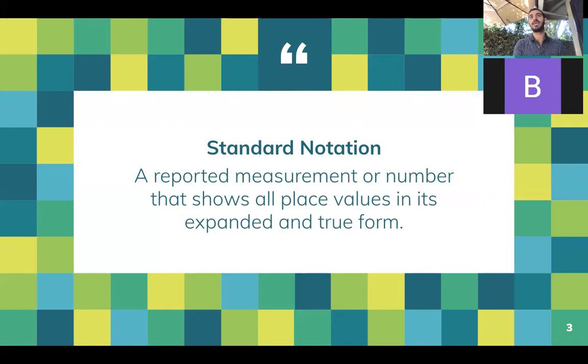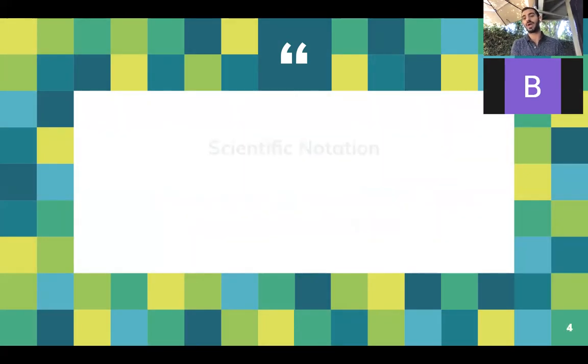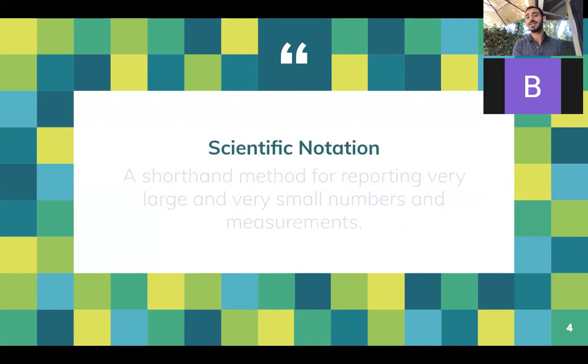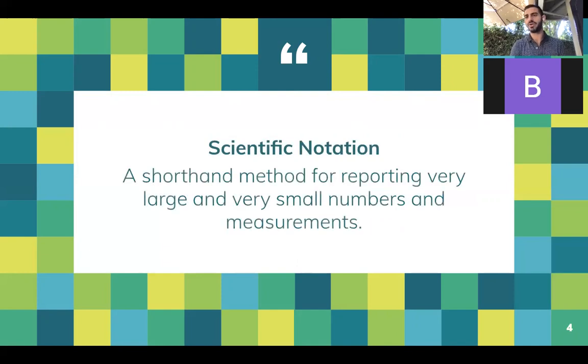So there is a shorthand way that we can write very large and very small numbers. That is scientific notation. And I know you guys know what this is. It's basically a number times 10 to an exponent. And the definition is it's a shorthand method for reporting very large and very small numbers and measurements.